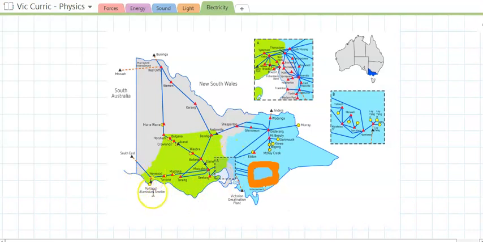And in particular to the aluminium smelter, where we make aluminium, and to the desal plant. These places need lots of electricity for what they do. But also you can see high voltage power lines go off into South Australia, New South Wales as well, and every state in Australia is actually all connected into one giant circuit.